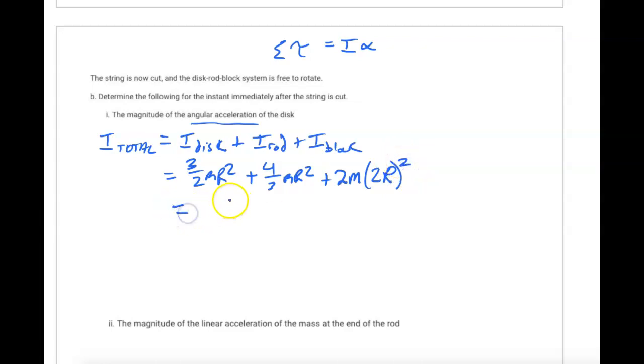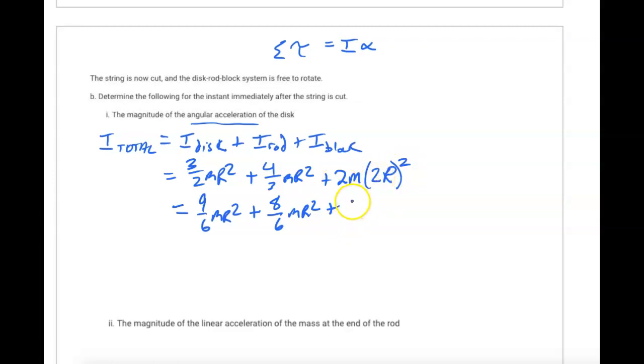We now need to go through and put in a common denominator, and that common denominator is going to be 6. So this is going to end up being 9/6 mr squared plus 8/6 mr squared, plus 2 times 4, and then we have to multiply that out. 2 times 2 is 4, times 2 is 8, sorry.